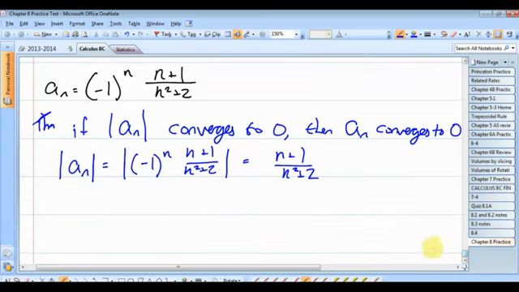Now we use that rule. The limit as n approaches infinity of n plus 1 over n squared plus 2 is equal to 0, because it's squared. It's n over n squared.